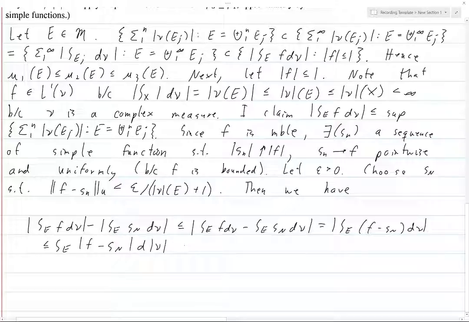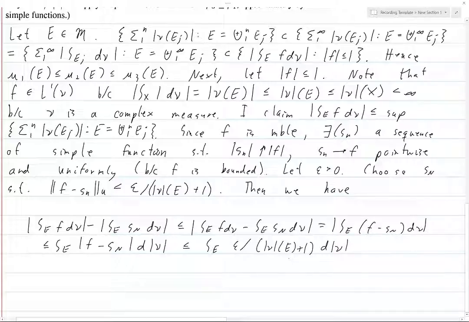And then what is this less than or equal to? Well, we assume that the uniform norm of this is less than epsilon over the thing. So this is less than or equal to the integral over E of epsilon over nu of E plus 1 d nu.